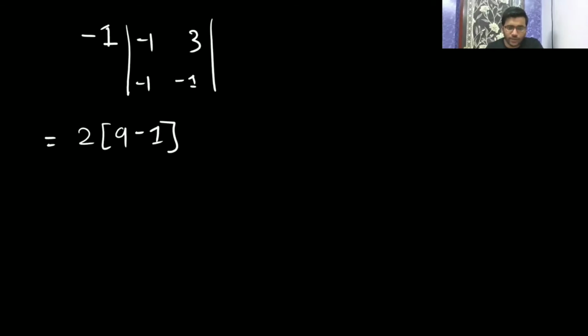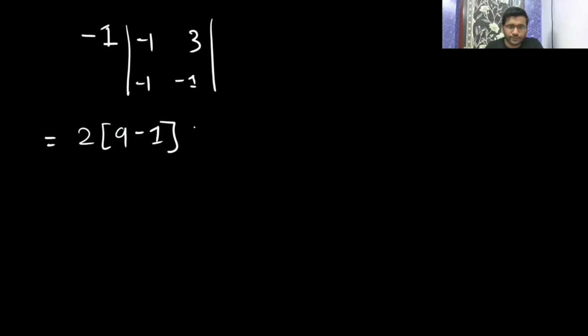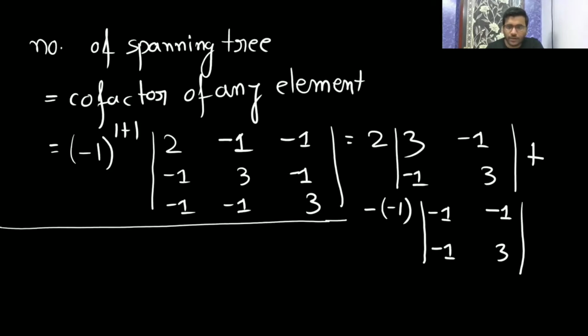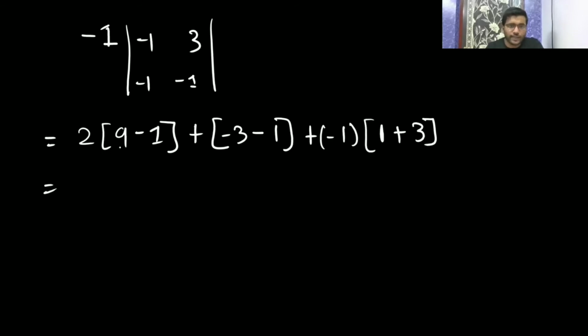Then you are having plus 1. Here you are having -3, -1. Here you are having -1, then 1 plus 3. So you will get 18 minus 4, here also minus 4. You got it.